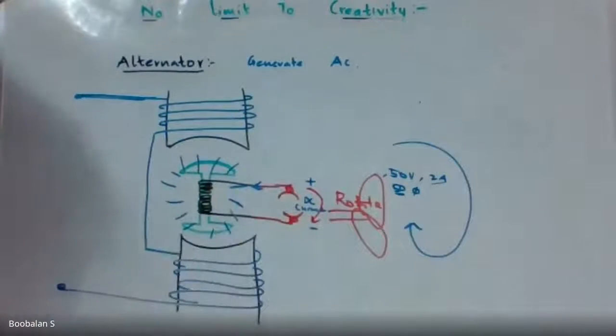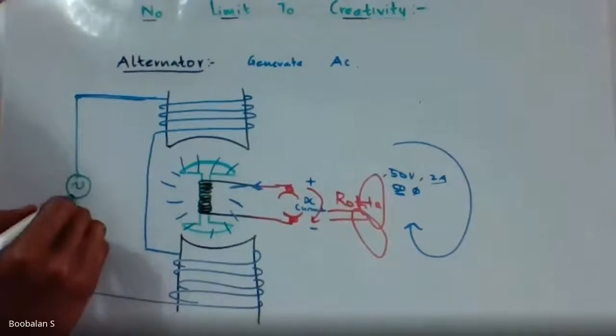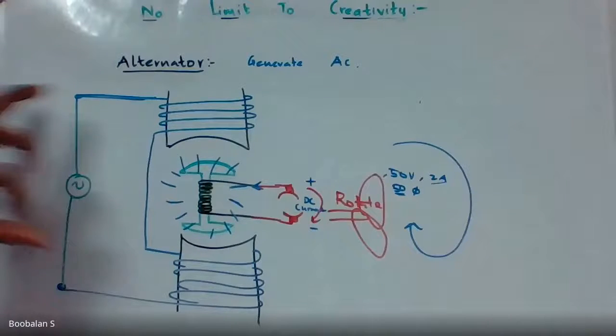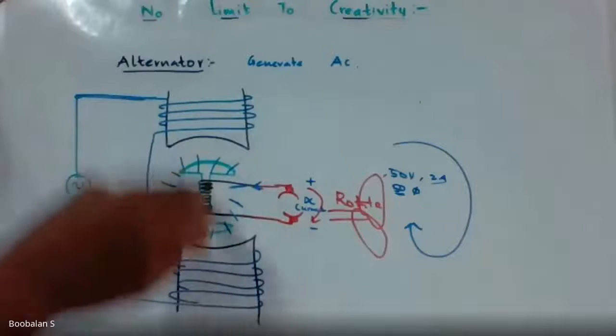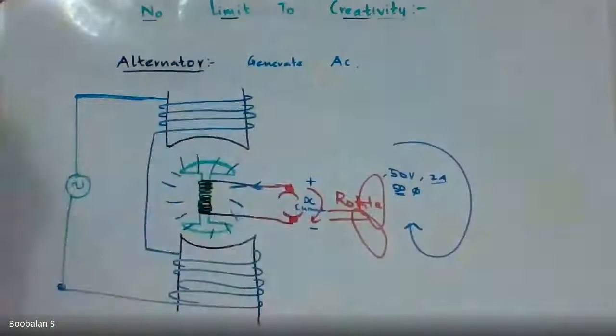See this coil, I'm going to manually rotate this rotating part. I'm going to connect a small lamp over here. In the last mode we were giving a power supply to this. Now we are making this a magnet, and this one is the rotating part. I am getting a power supply from the output. This is called the DC generator.